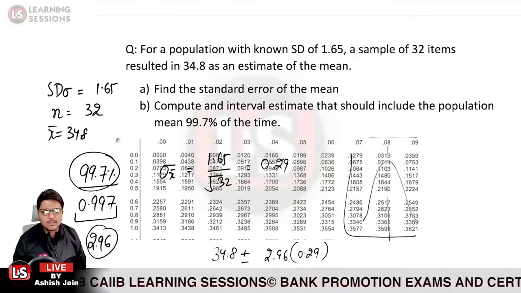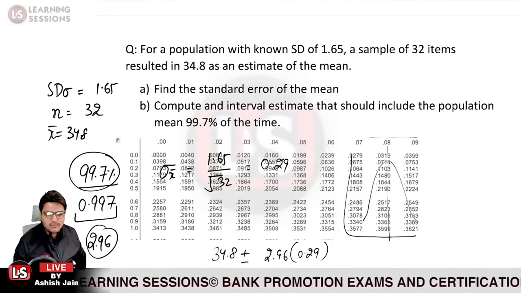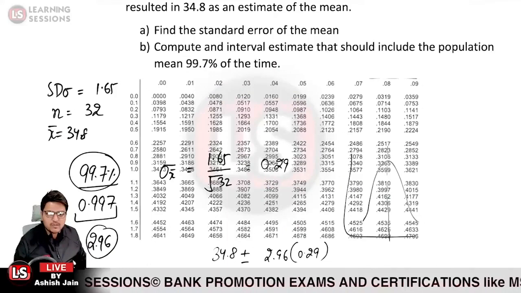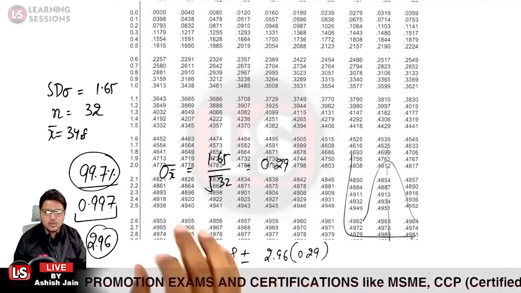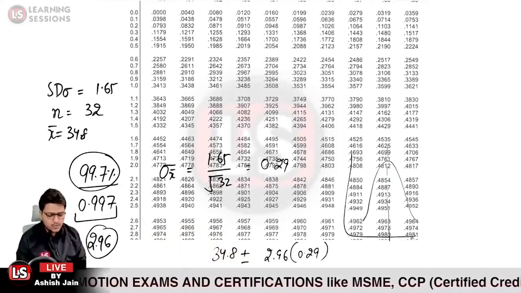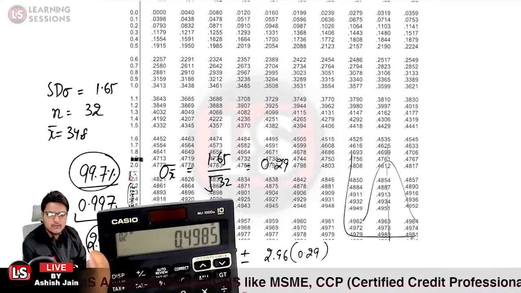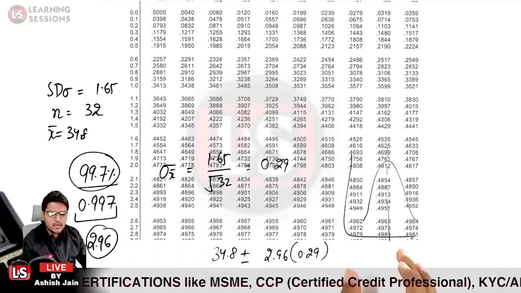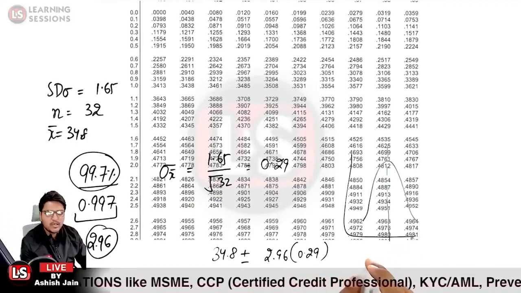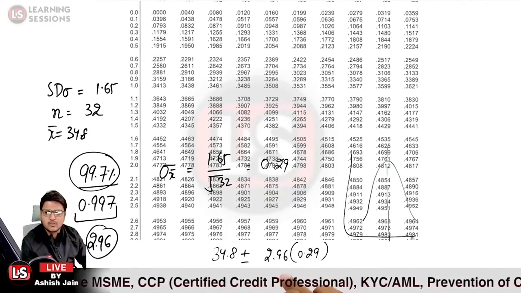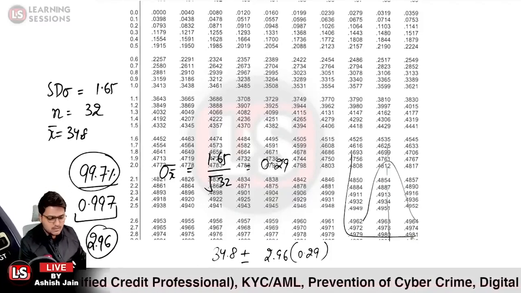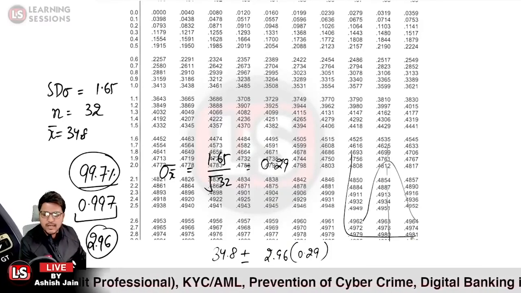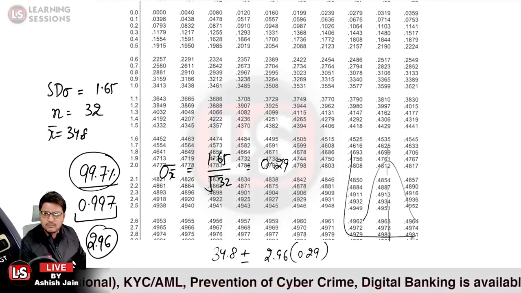For that purpose we took the decimal value of 99.7%, that is 0.997, and half of it, 0.4985. We looked at the table and got the related value, 2.96, and this is how we solved it.